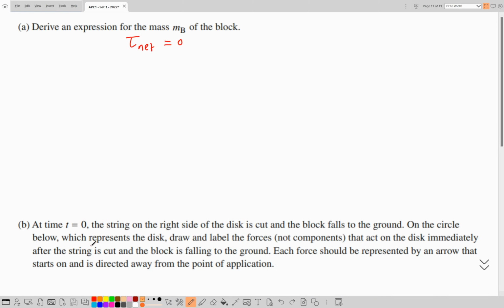So here let me say the torque due to the gravity of the disk, plus the torque at the axle, plus the torque provided by the tension, plus the torque provided by the spring, is equal to 0. Now we can ignore the first two because the forces pass through the axis of rotation.